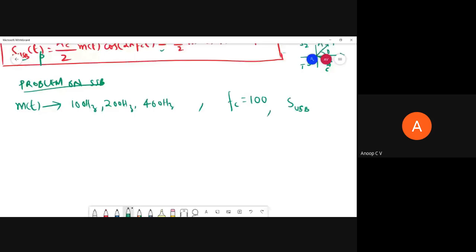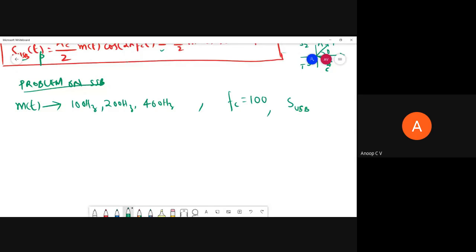The receiver uses a local oscillator that gives a cosinusoid of frequency 100.02 kilohertz.